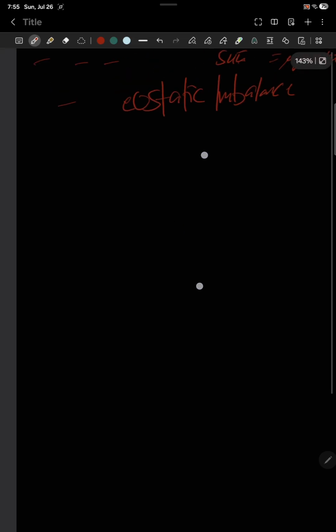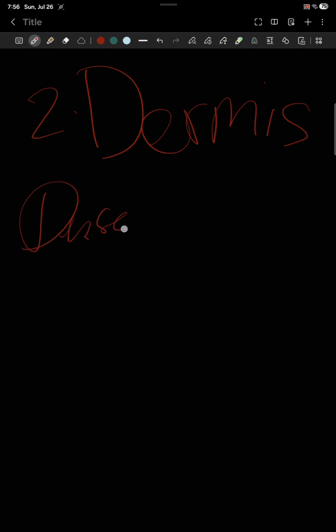So, number 2, we are going now to dermis, which is the second layer of our skin. So, it is made up mostly of dense connective tissue.